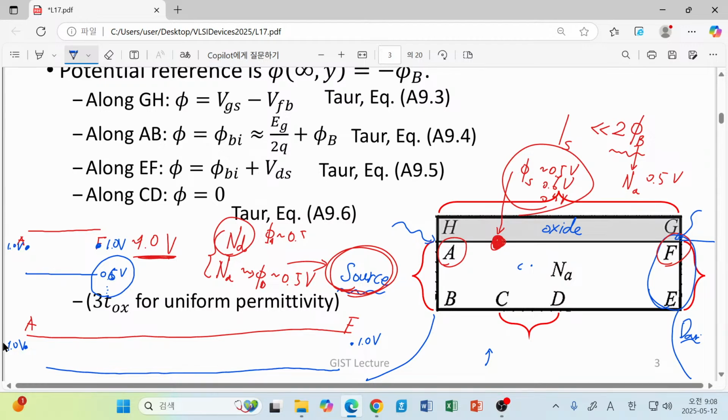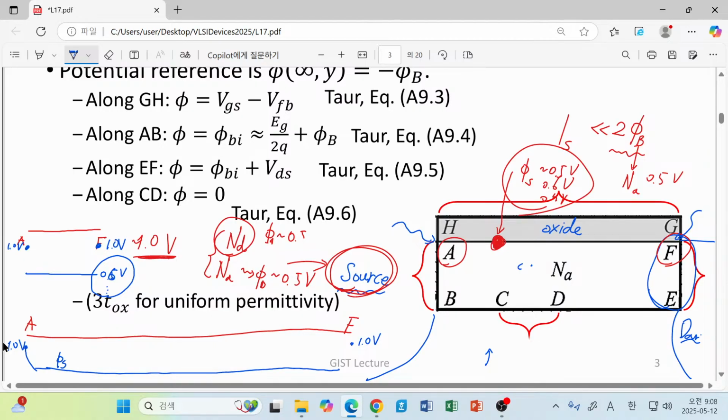What's the problem? The problem is, now in this case, we will have a certain transition from this 1.0, corresponding to the source potential or drain potential, to the surface potential of our long channel device. There will be a certain length scale for transition from 1.0 to ΦS.